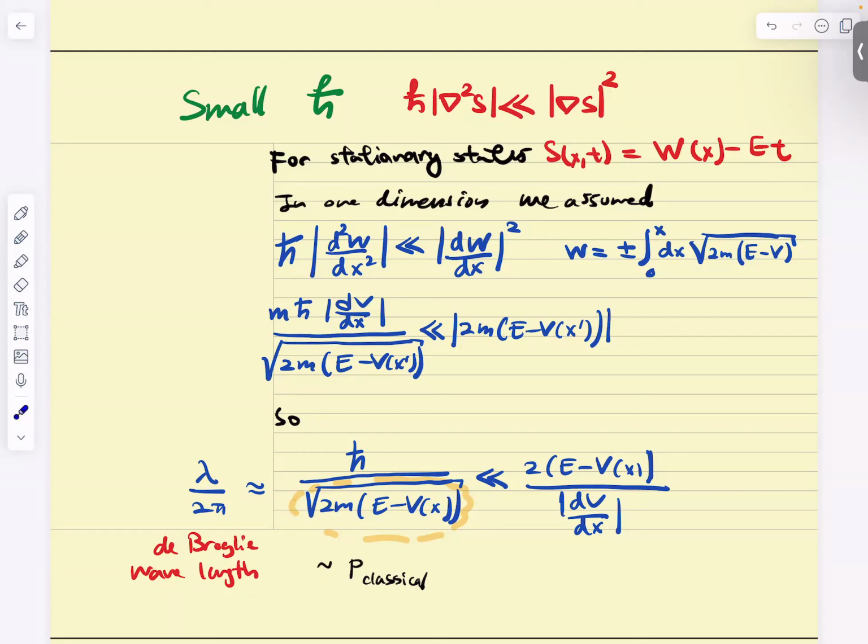So I'm working out the right-hand side to see if it becomes something more tangible. It will, because what's on the right-hand side is going to be only dependent on W, and W is just a function of E and V. So at the end of the day, it will become a statement about h bar compared to V, or E minus V, right? So that's where the intuition comes from.